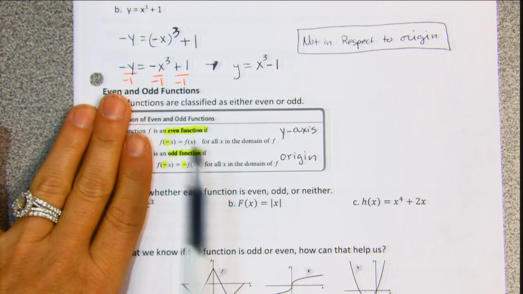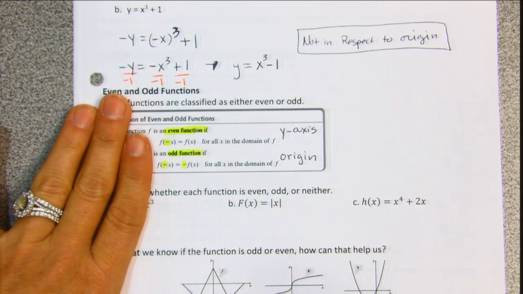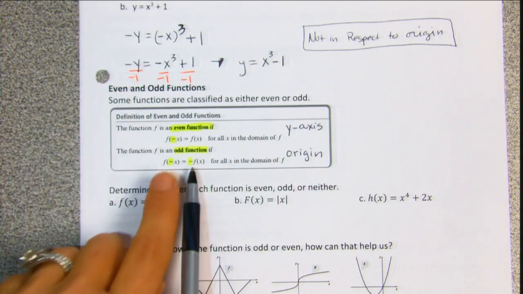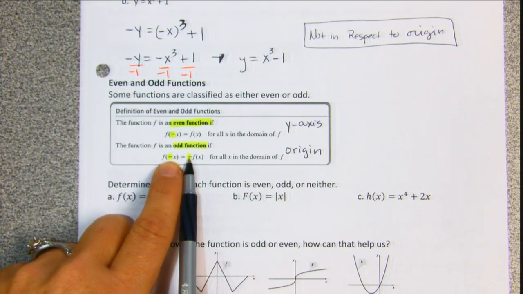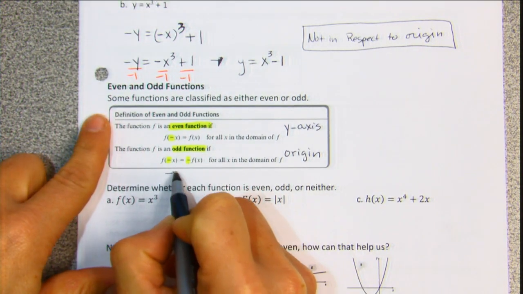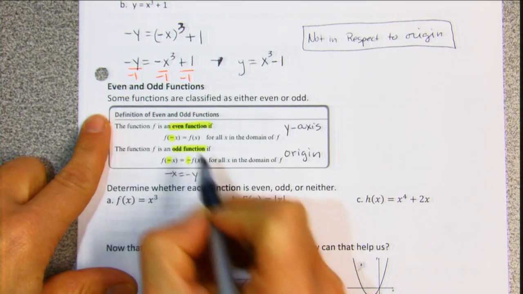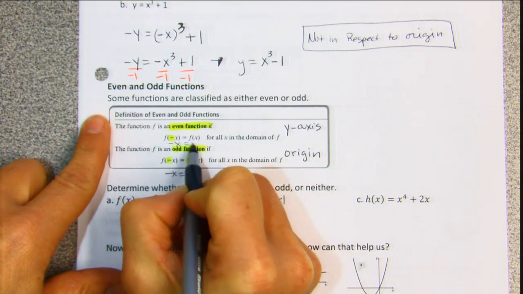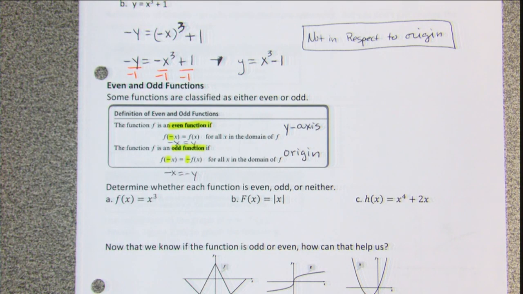Your solution is your y, what they call f of x. And so if they're changing the sign of it, it would be out in front. So this is like you're changing the x and the y. If you like to see it like this, like if you were comparing x and y, that can kind of help you. That's basically what's happening. So there's not one for x-axis with even and odd functions.